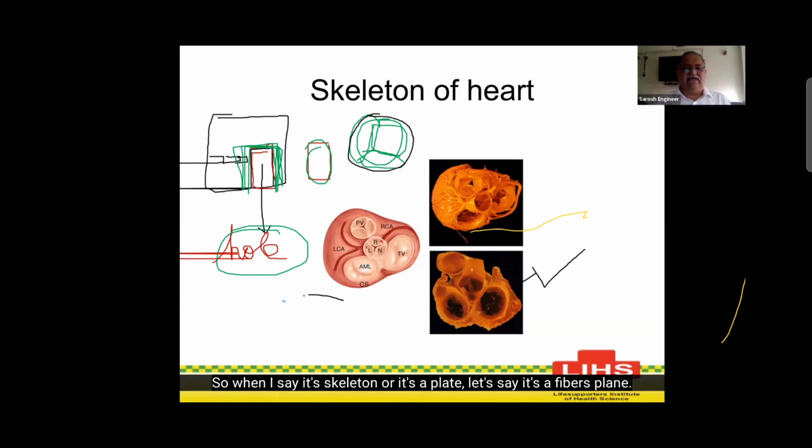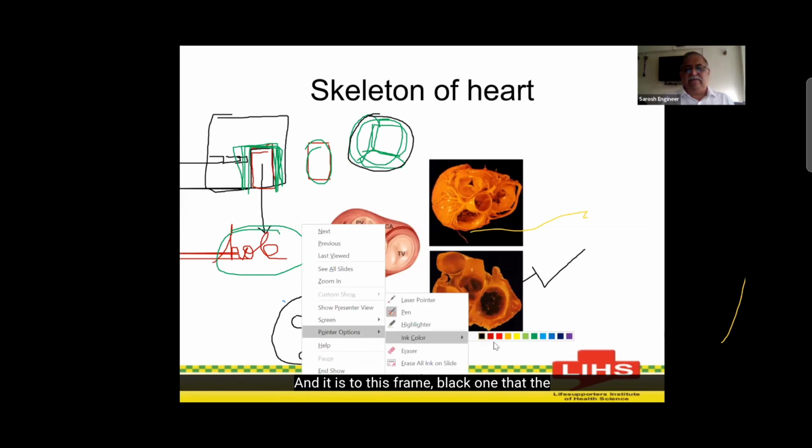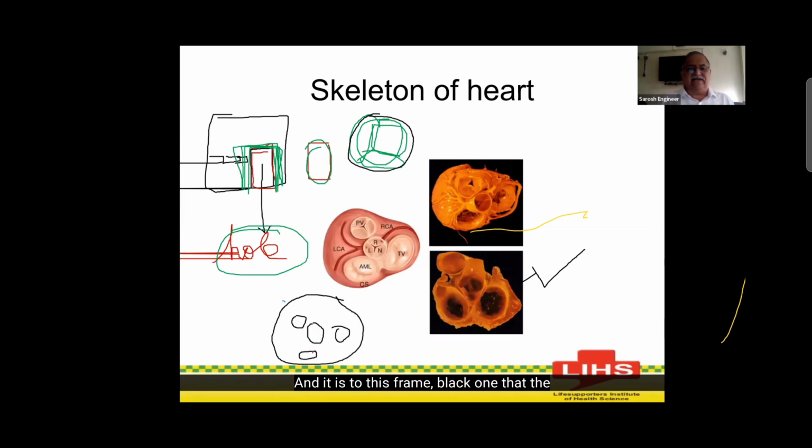So when I say it's a skeleton, let's say it's a fibrous plate, placed between the atrium and the ventricle. And in that plate, there are 4 holes. And it is to this frame, the black one, that the tricuspid and the bicuspid valves are attached.